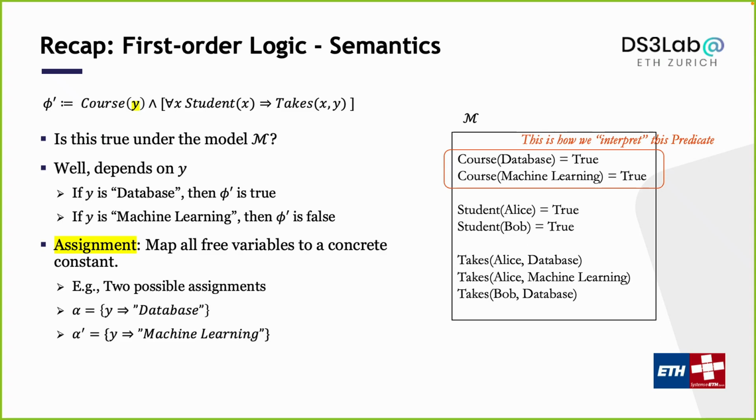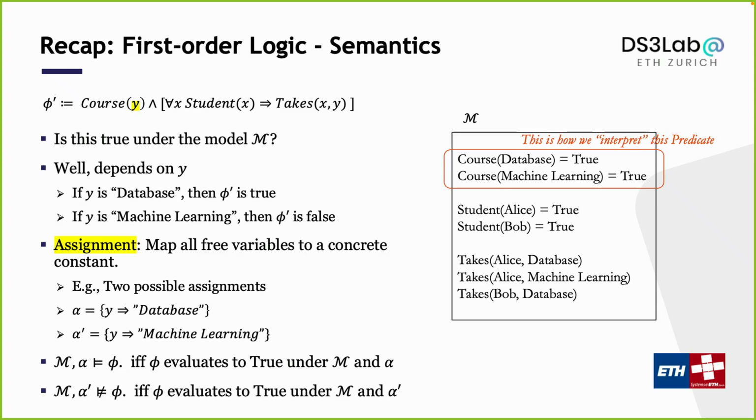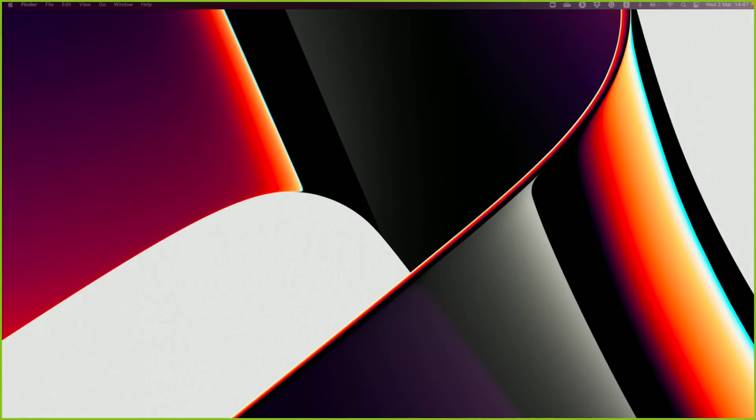Under different assignments, this logical formula has different truth values. For example, under assignment alpha, phi evaluates to true in this world. Under assignment alpha prime, this formula evaluates to false in this world. Let's try to fix it.